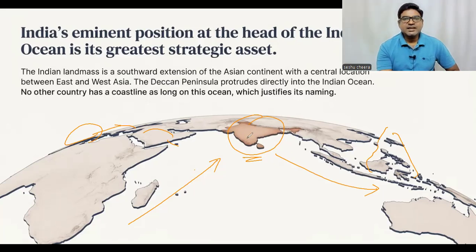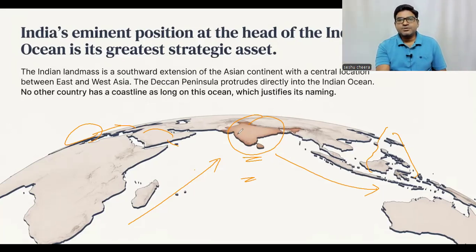Now, because India is exactly located at the central point, India's landmass extends in the Asian continent with a central location between East Asia and West Asia. The Deccan Peninsula protrudes directly into the Indian Ocean.